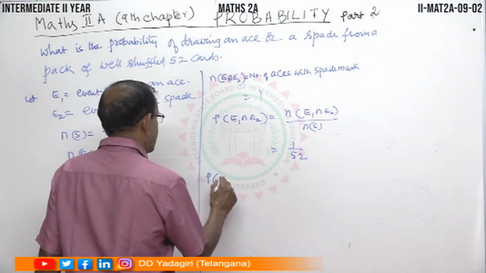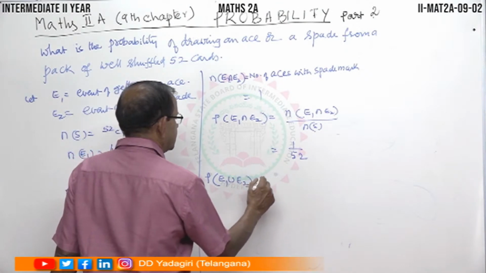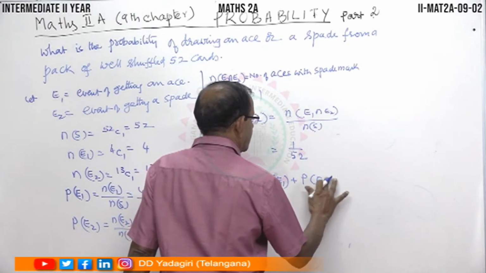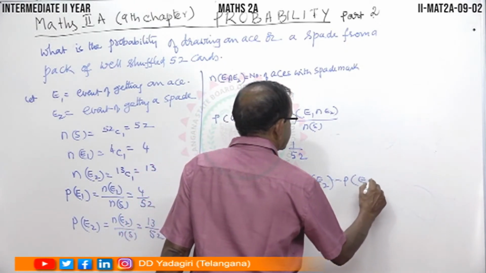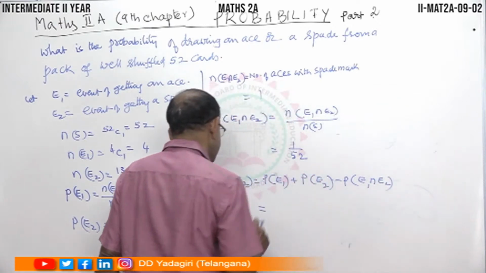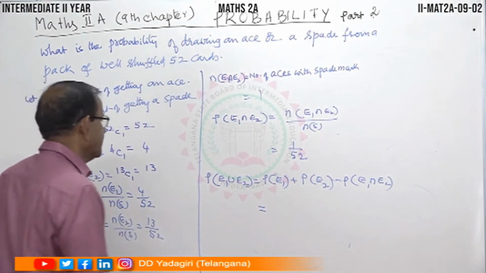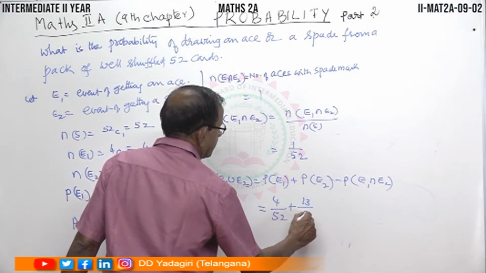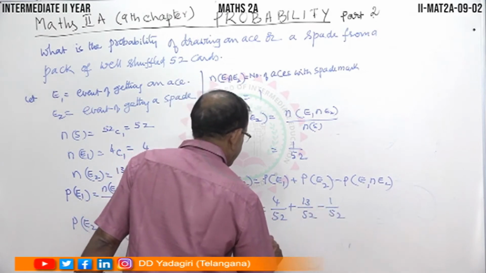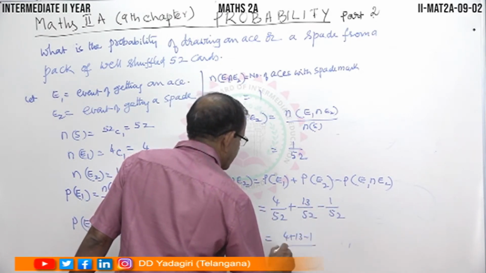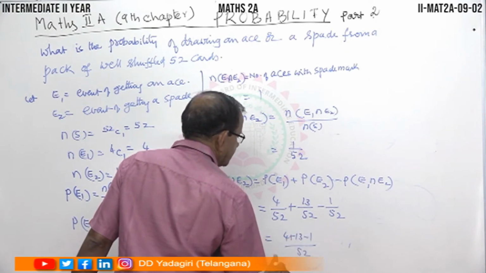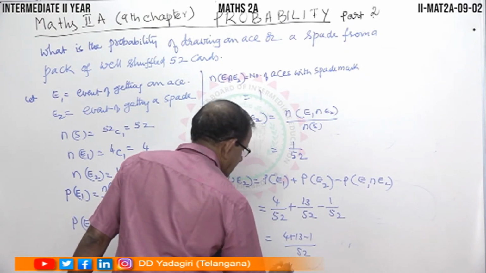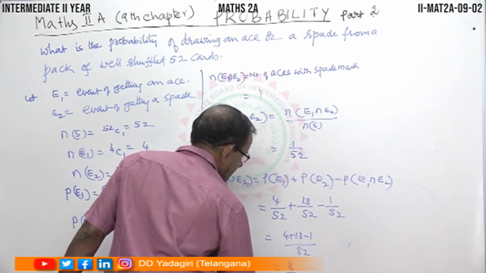P of E1 union E2 is equal to P of E1 plus P of E2 minus P of E1 intersection E2. So this is first 4 by 52 plus 13 by 52 minus 1 by 52. That is 4 plus 13 minus 1 by 52. 17 minus 1, 16 by 52. You can cancel 4. That is 4 by 13.